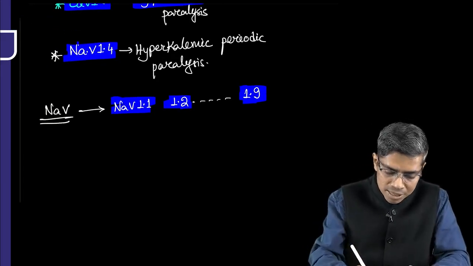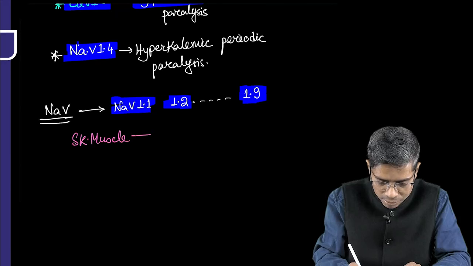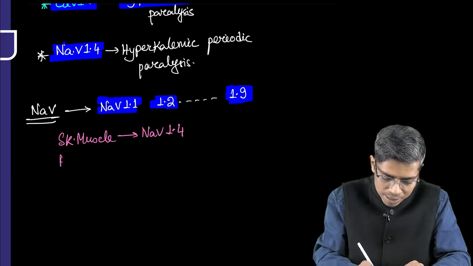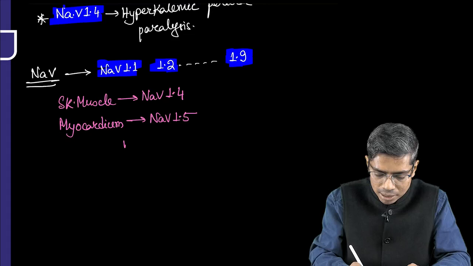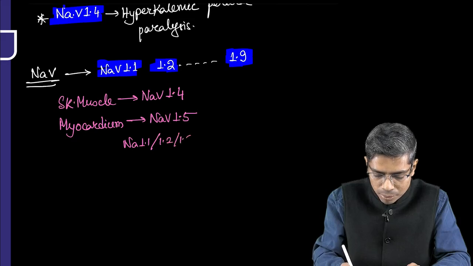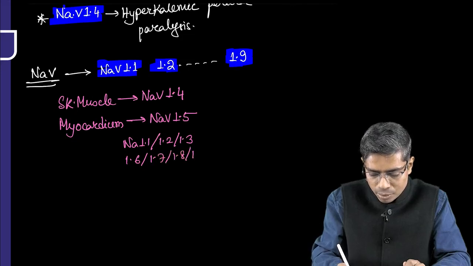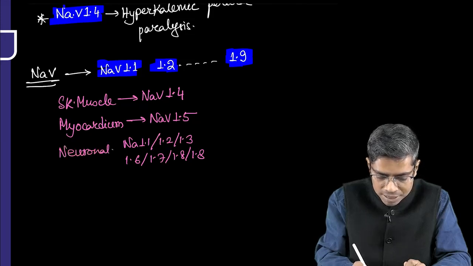The particular voltage gated sodium channel present in skeletal muscle, note down, this is important, is NAV 1.4. The one present in myocardium is also fixed, NAV 1.5, and all the others, 1.1, 1.2, 1.3, 1.6, 1.7, 1.8 and 1.9, are neuronal voltage gated sodium channels.